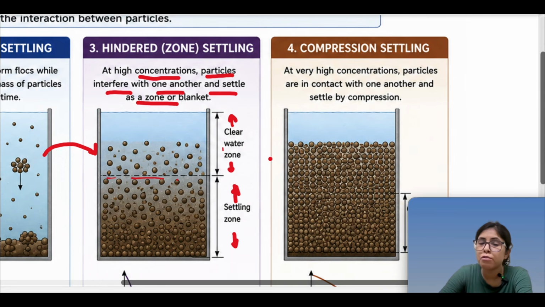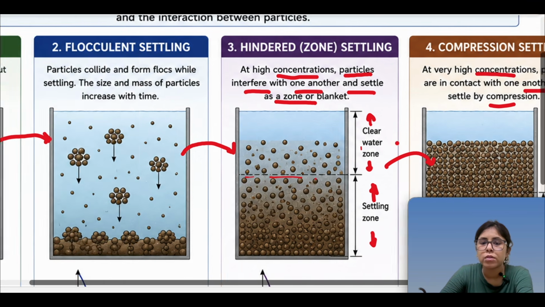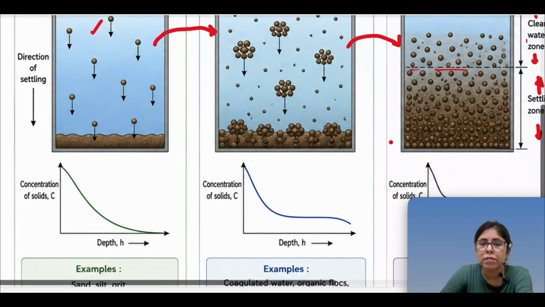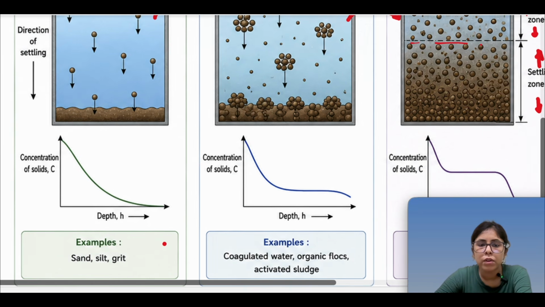And then if the concentration is very high, we will see compression settling. At very high concentration, particles are in contact with one another, and then they settle in compression. Now for examples: for discrete settling, we have sand, silt, and grit, which settle discretely.